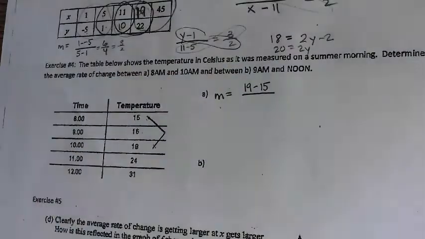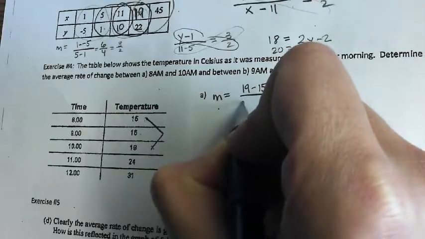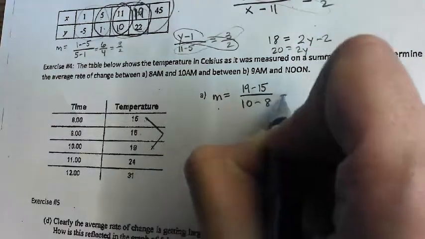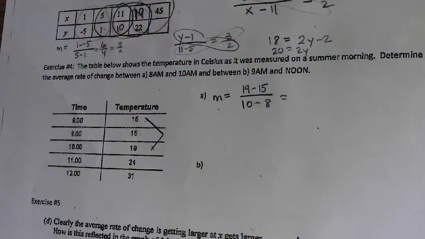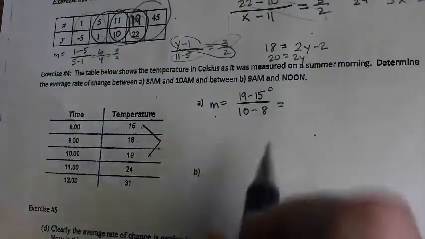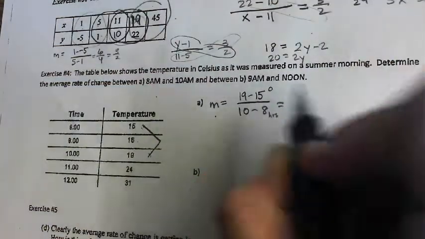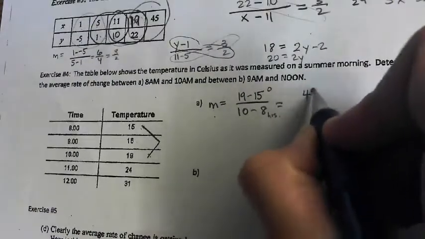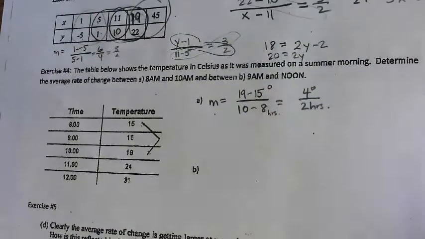That's y2 minus y1. And x2 minus x1. Jack Taylor? Perfect. Which pretty much, now this, for the first time in what we're doing today, this has temperature attached to it, or units. So temperature would be in degrees, and the time would be in hours. That's a degree symbol. So that's 4 degrees every 2 hours.